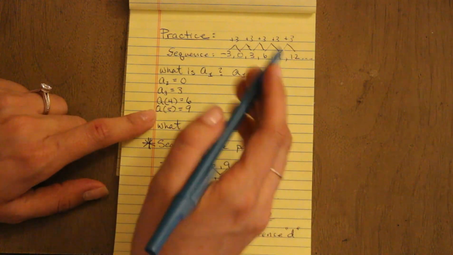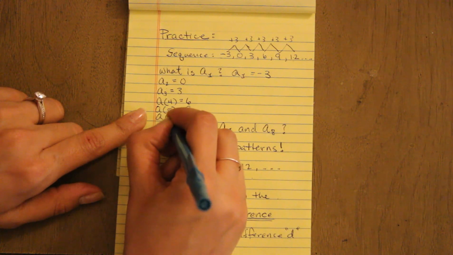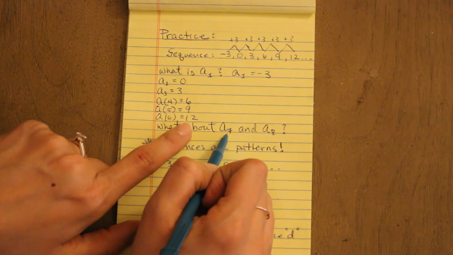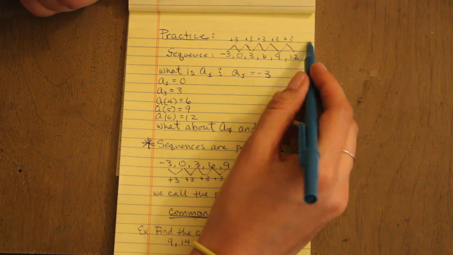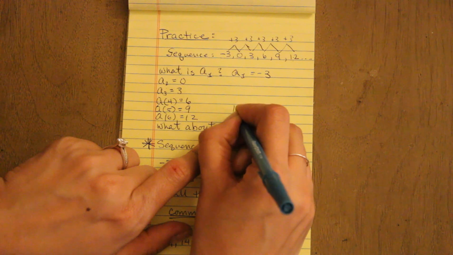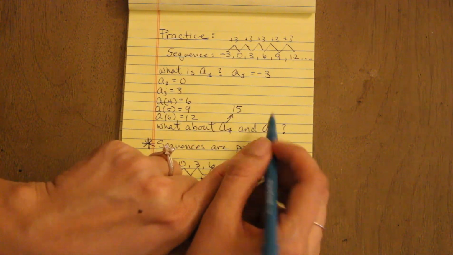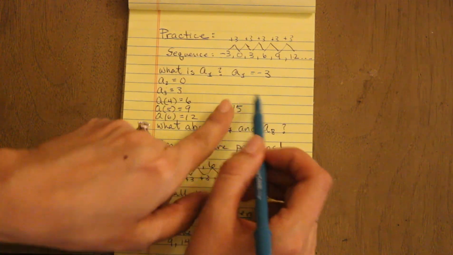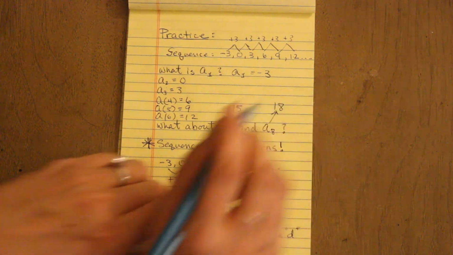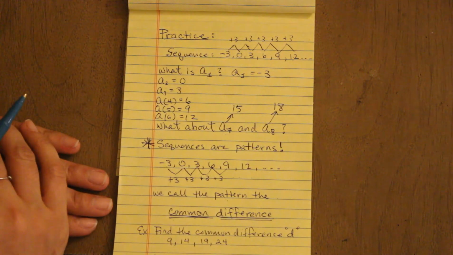So I know that A of 6 is going to be 12. So A of 7 must be 12 plus 3. What's that? That would be 15. A of 8 would be then 15 plus 3, which would be 18. And you could keep going and find as many positions.